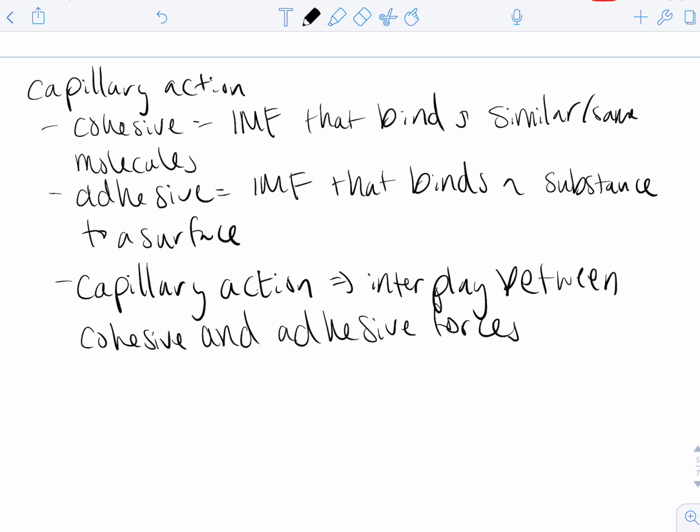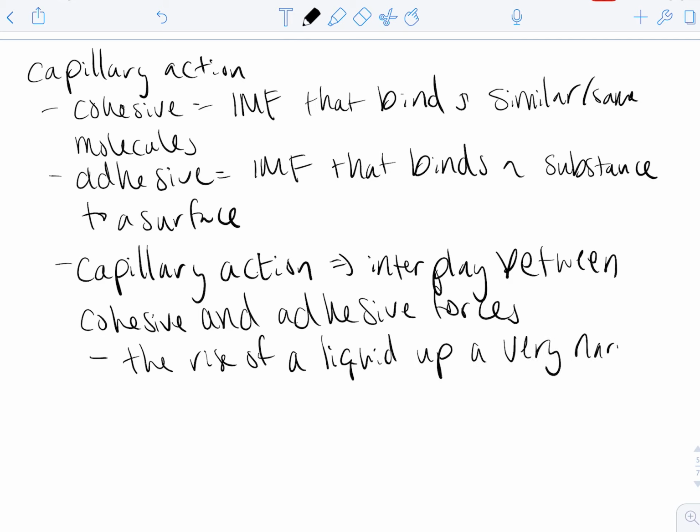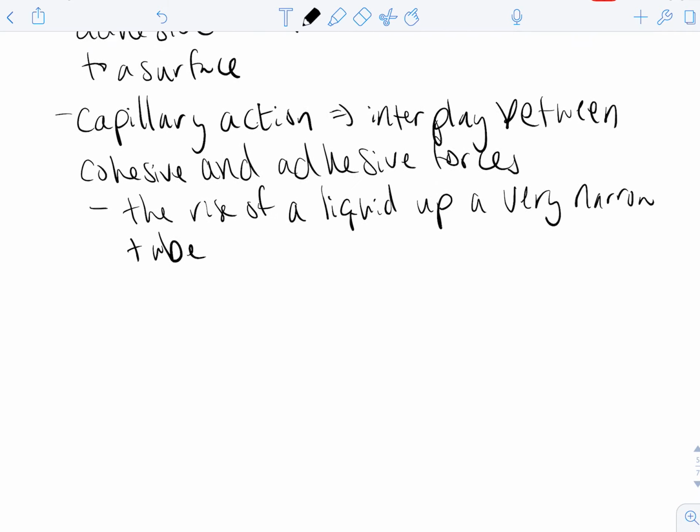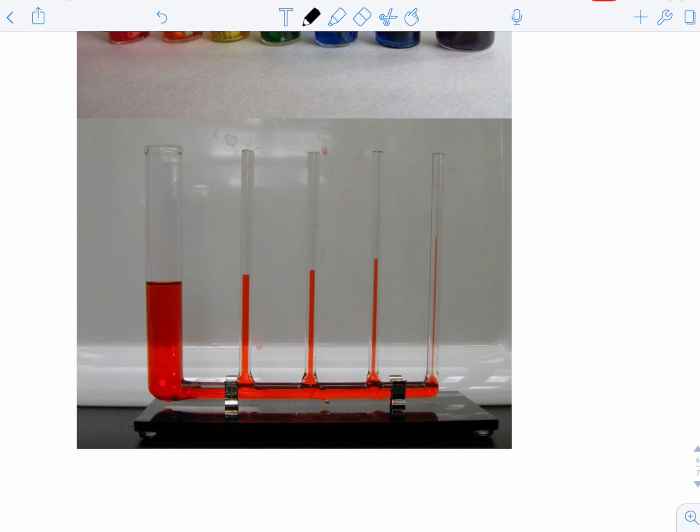So capillary action itself is, as a definition, the rise of a liquid up a very narrow tube. What I mean by that interplay between cohesive and adhesive forces is we can see this when we look at a capillary.